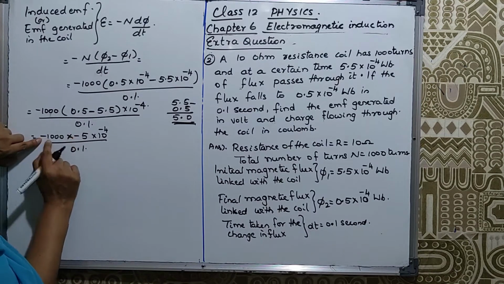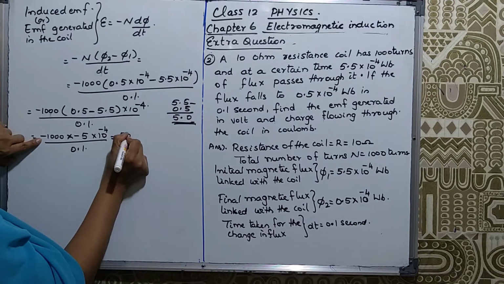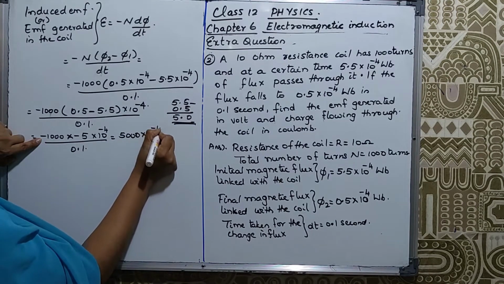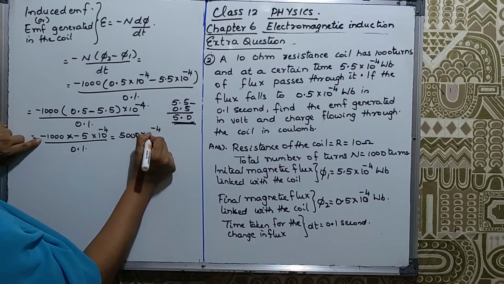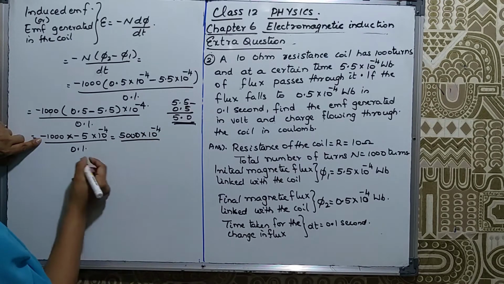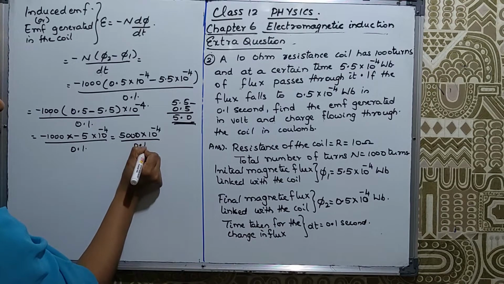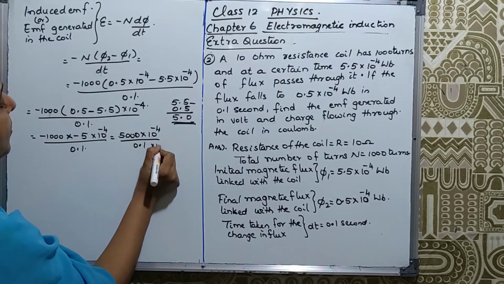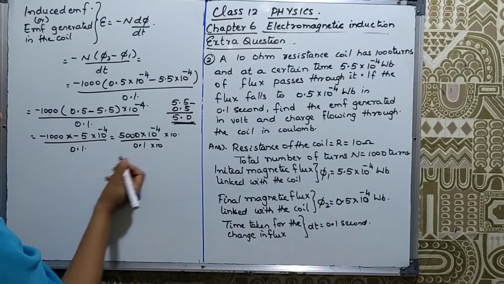Minus into minus is plus, 5000 into 10 raised to minus 4 divided by 0.1. This 0.1's decimal point I will remove by multiplying numerator and denominator with 10.